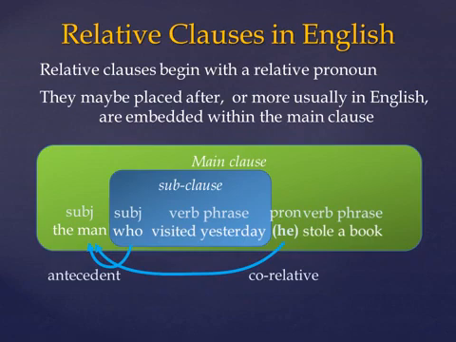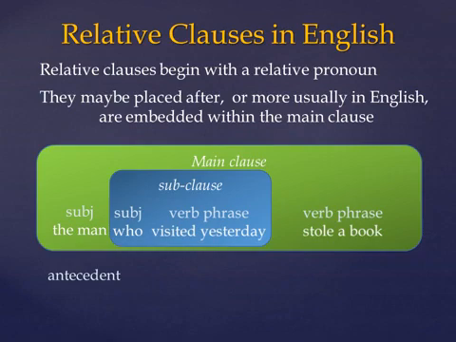And so we get the man who visited yesterday, he stole a book. One final thing to say is that in English, the correlative pronoun isn't always included. In fact, we can miss it out and the sentence still makes sense. The man who visited yesterday stole a book.